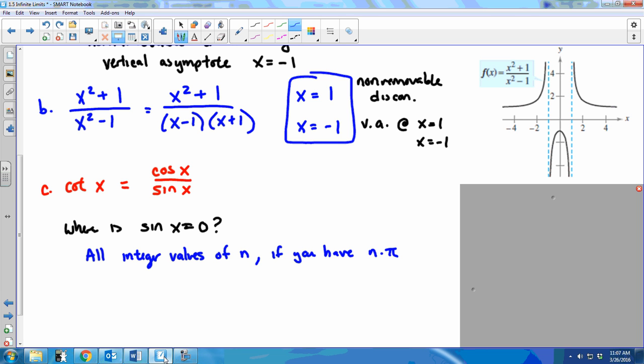Integer values, so at 0 pi, 1 pi, 2 pi, 3 pi, 4 pi, 5 pi. Not any of those fractional values, because the rest of those are not 0. Okay? So that means there are going to be an infinite number of vertical asymptotes or non-removable discontinuities.